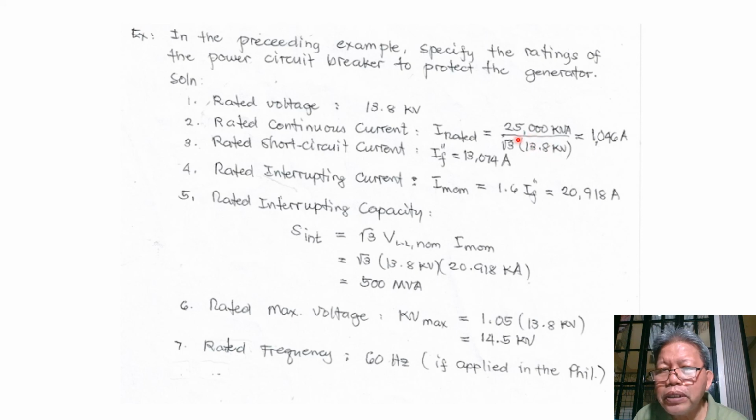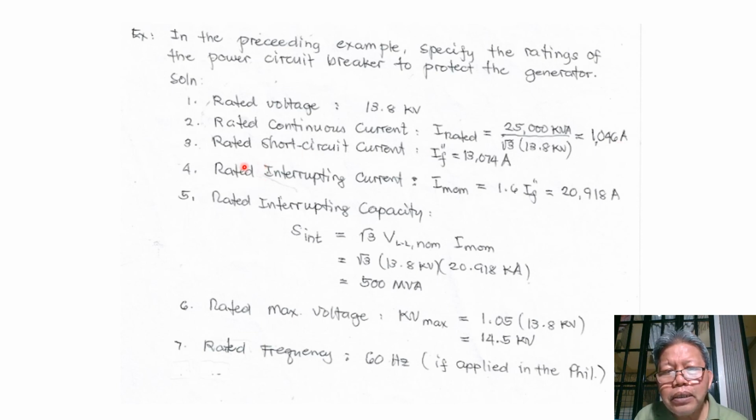So substituting the values, for the MVA rating of our generator, changed to kVA, 25,000 kVA, over square root of 3 times 13.8 kV. So kV and kV cancel, so we have amperes remaining. So the rated continuous current of the circuit breaker would be equal to 1,046 amperes.